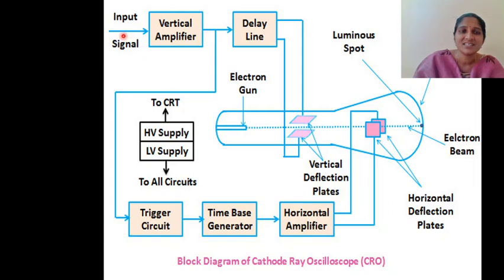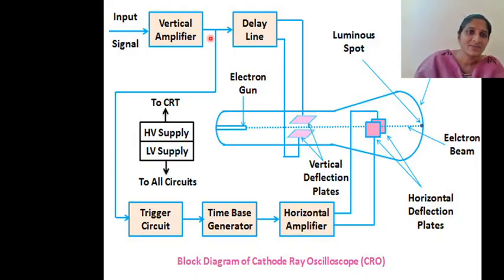Initially when the CRO is connected in the circuit, that is, the input signal is given to the CRO, then what happens? It is first fed to the vertical amplifier. From that it goes to the delay line circuit, and from the delay line circuit it is given to the vertical deflection plates, and next the signal goes to the horizontal deflection plates.